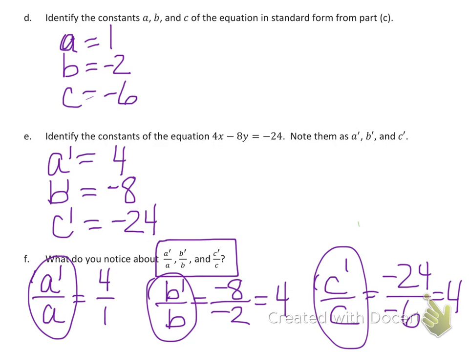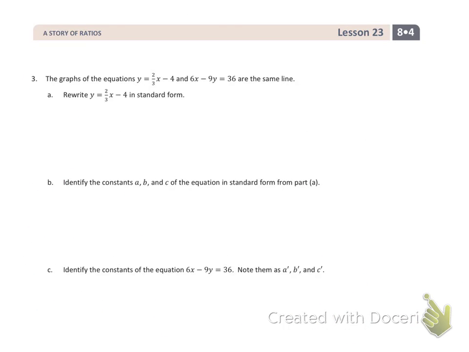So a times 4 gives me a prime, b times 4 gives me b prime, and c times 4 gives me c prime. Okay, so it looks like we're discovering something here. All right, so let's look at another one of these exercises.